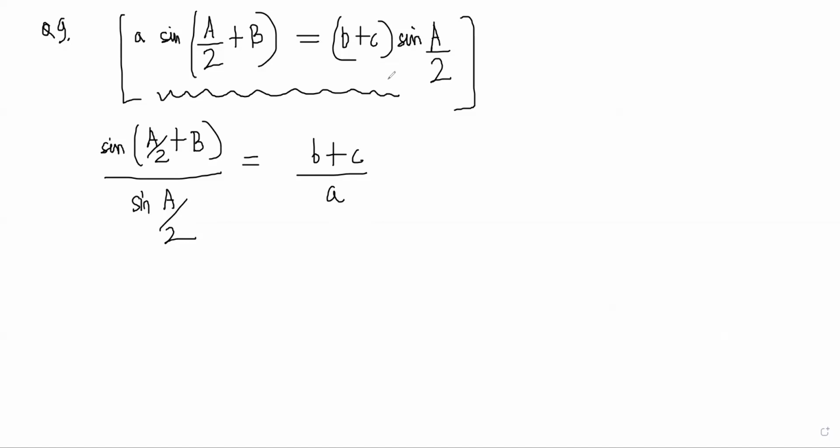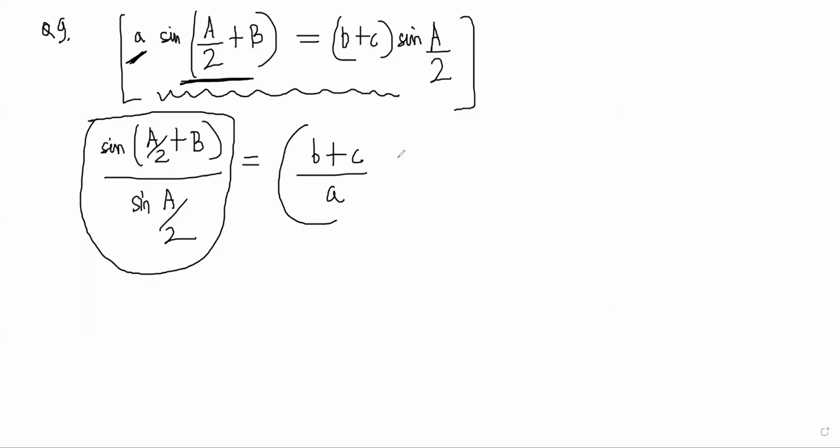I'm not going to randomly start working on whatever they give me. I will do something clever. The clever thing here is don't work on a mixture of sides and trigonometric ratios. I will work on trigonometric ratios on one side and sides on the other side.